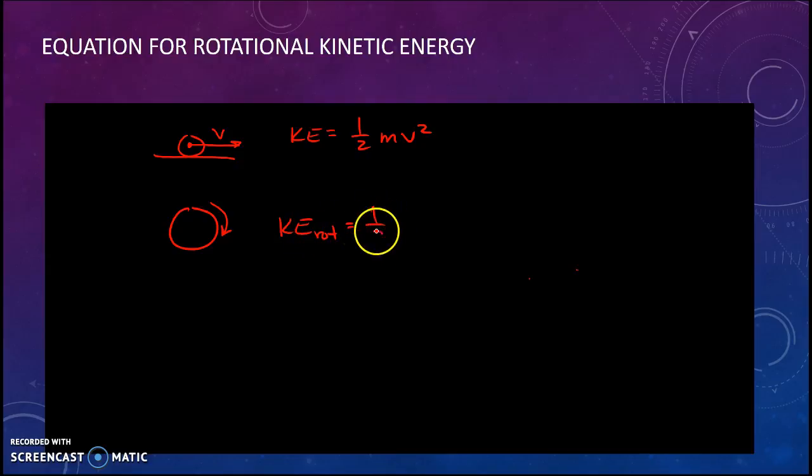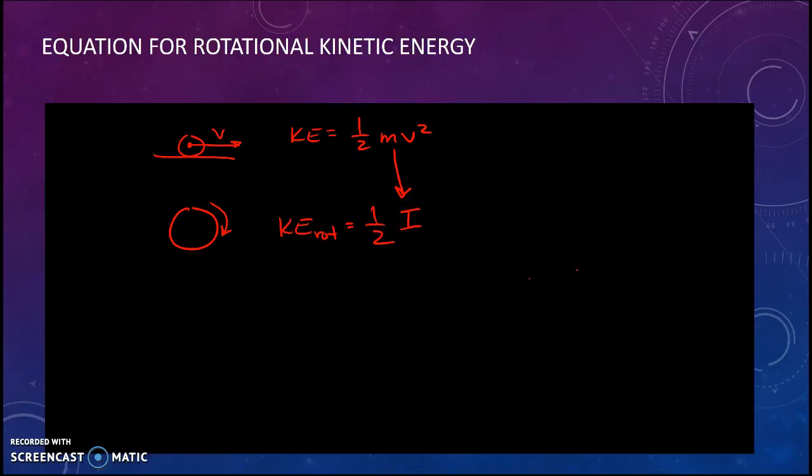And what happens very often with rotationals is we make these analogies between the translational stuff that we're more familiar with and the rotational motion. So if you remember in these types of equations, when we have mass, what we replace that with in the rotational analog is the moment of inertia.